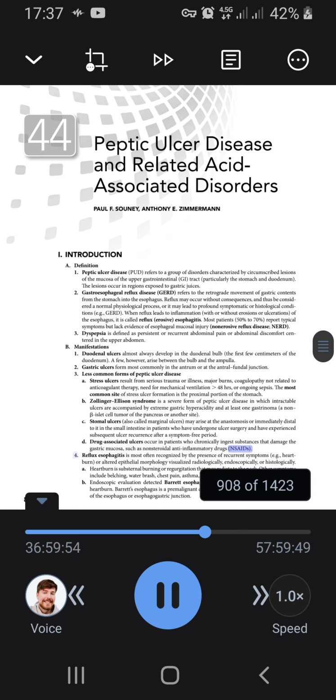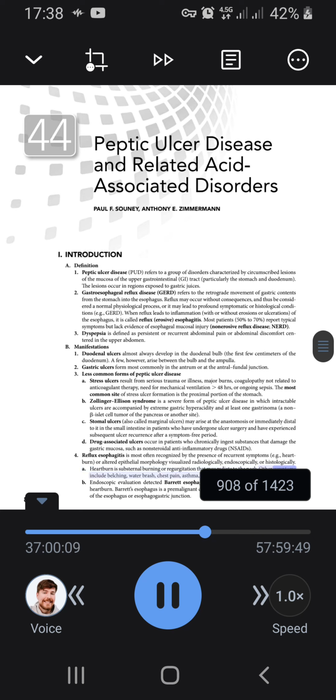4. Reflux esophagitis is most often recognized by the presence of recurrent symptoms, for example, heartburn, or altered epithelial morphology visualized radiologically, endoscopically, or histologically. A. Heartburn is substernal burning or regurgitation that may radiate to the neck.